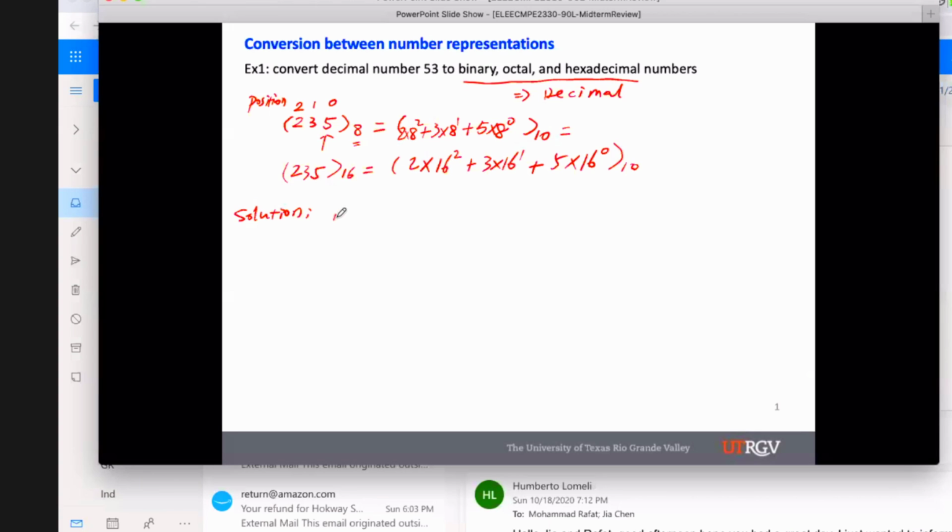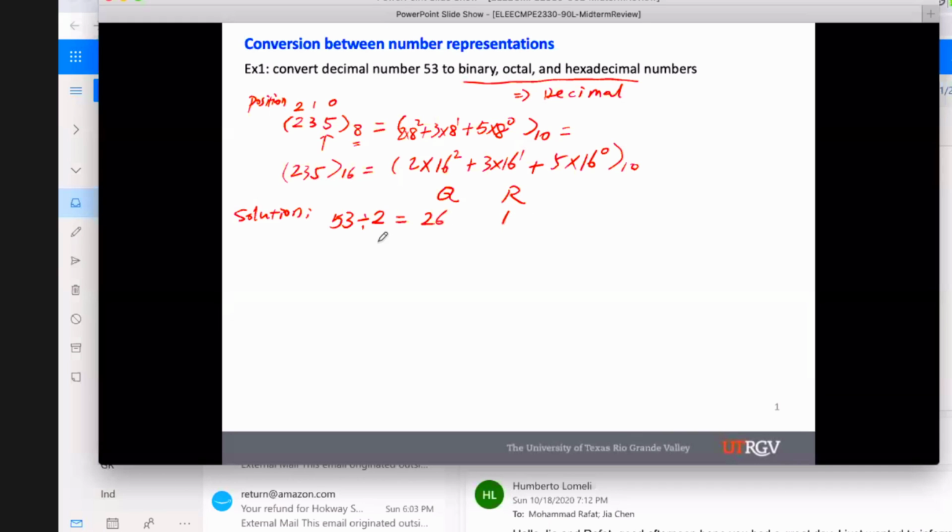Binary means you start with the value and divide it by 2. The 2 depends on the binary, so that's why it's 2. You find the quotient and the remainder, Q and R. The quotient is 2016 and the remainder is 1.